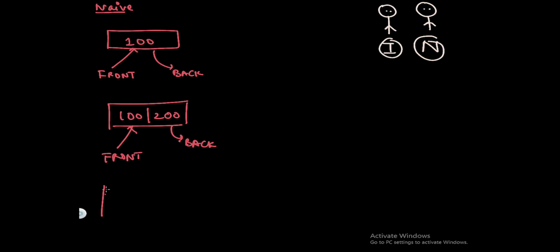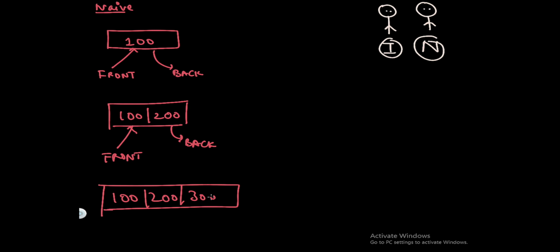Now I inserted 300. So it would become 100, 200, 300. This is my front element and this is my back element. Can you see a relationship?